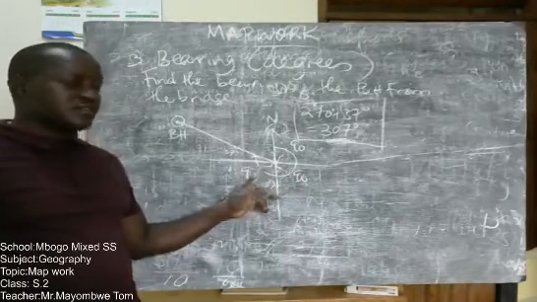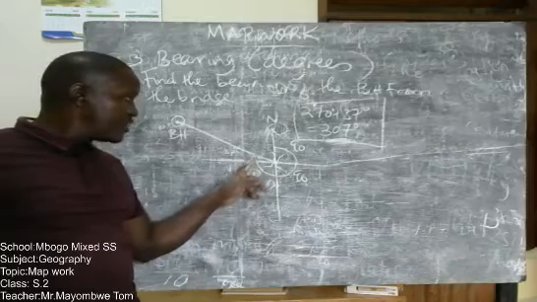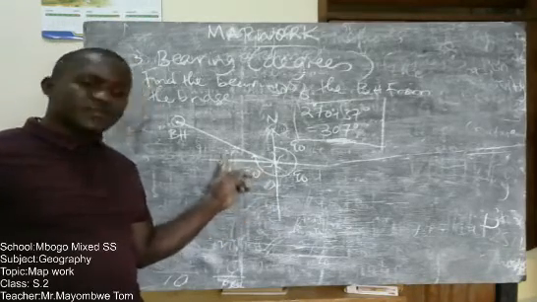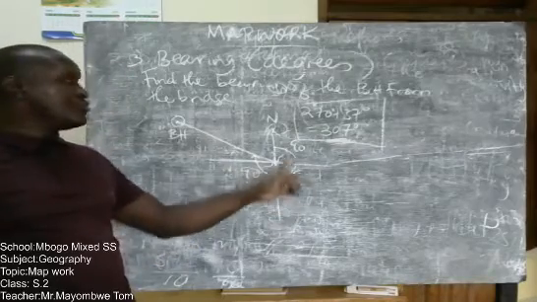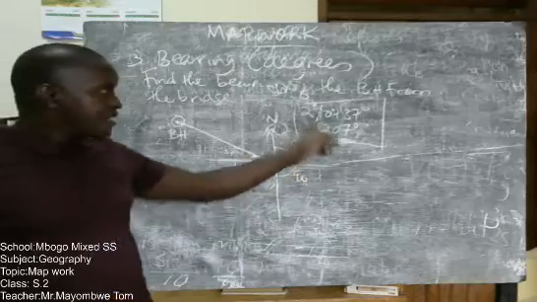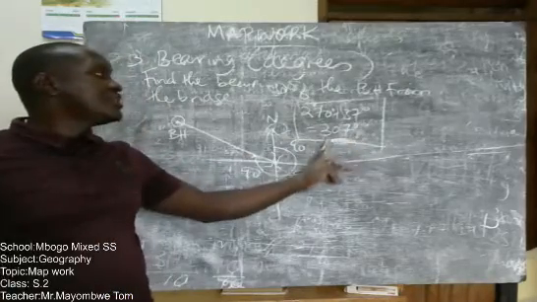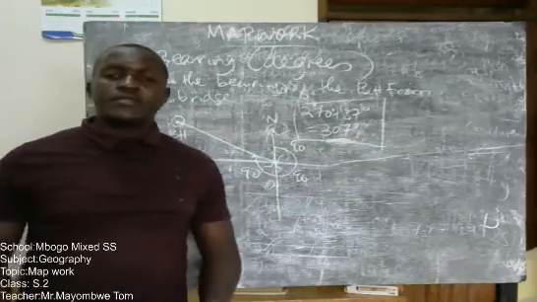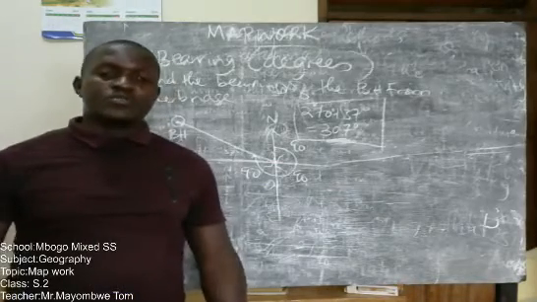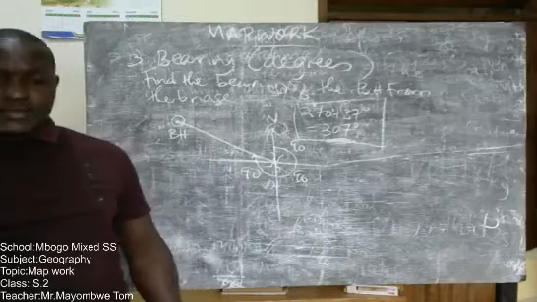Then this remaining angle from here up to here, you get your protractor and measure. And I assume it is 37. That means your bearing is going to be 90, 90, 90. That is 270 plus 37 degrees. You get 307 degrees. That is going to be our bearing.